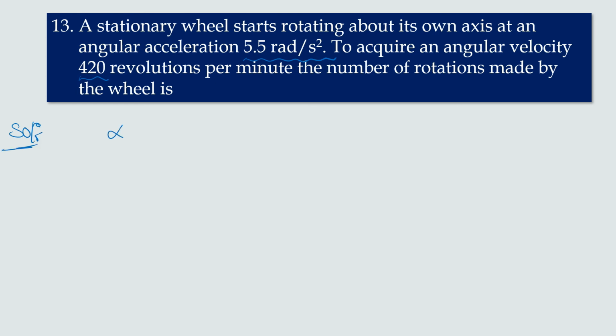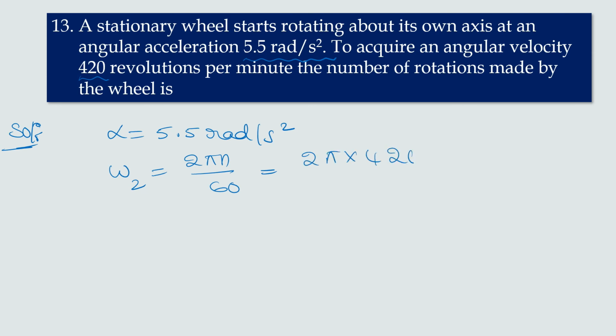Alpha is given as 5.5 radians per second square. Omega 2 is given as 2 pi n by 60, that is equal to 2 pi into 420 per minute, that is 420 by 60.